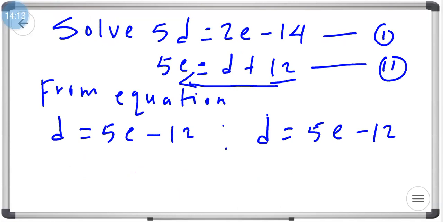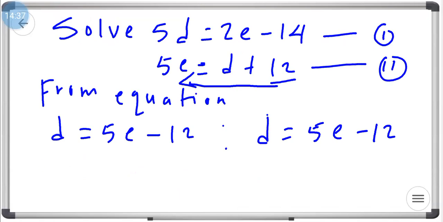So from this equation that we have now, we can substitute d equals 5e minus 12 into equation 1. Take note, it was deduced from equation 2. So the best thing now is to substitute it back into equation 1. What is equation 1?